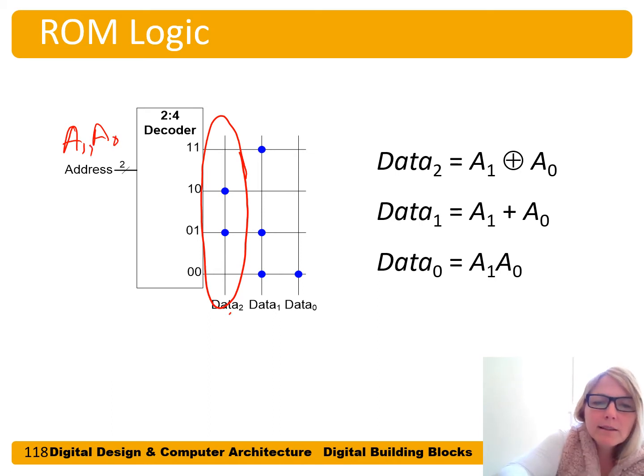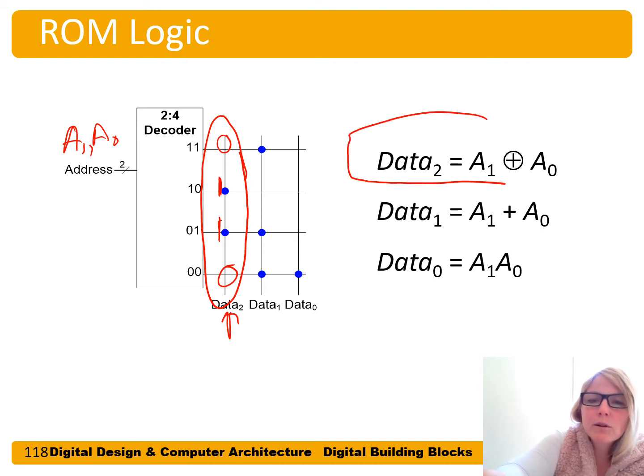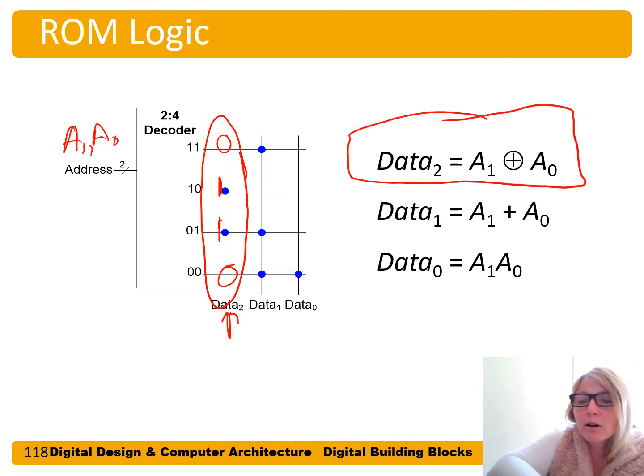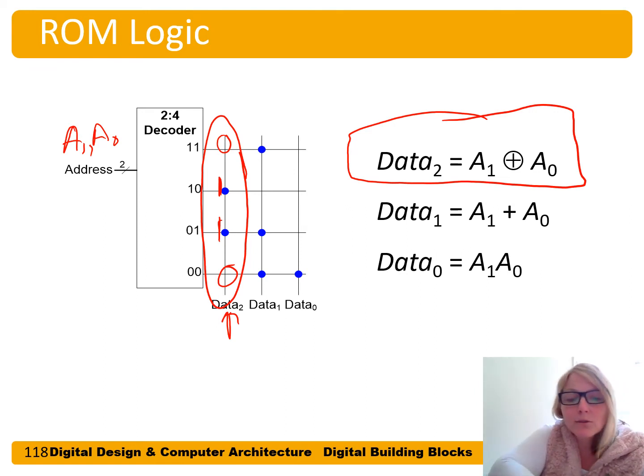Well, this data sub 2 is performing the XOR, because for the 1, 1 input and the 0, 0 input, we have 0, and for the 1, 0 and 0, 1 inputs, we have 1s. So data sub 2 performs the XOR of A1 and A0. So data 2 equals A1 XOR A0.